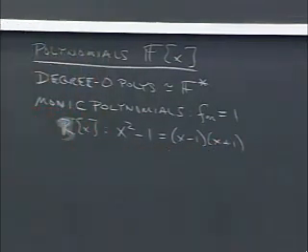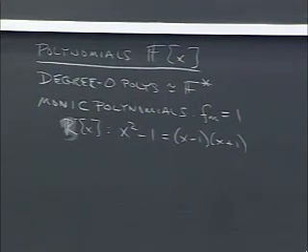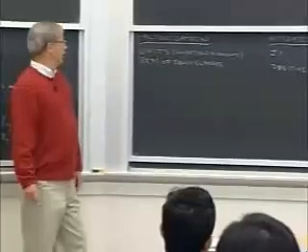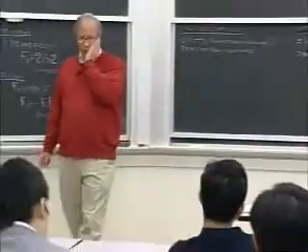It happens in F2 of x, since there is only one non-zero field element, that all polynomials are monic except for the zero polynomial. The only non-zero term we have to play with is 1, so the highest order non-zero term is always 1. So that's what we're going to mean by unique factorization.